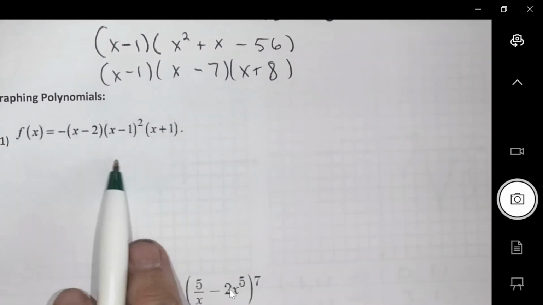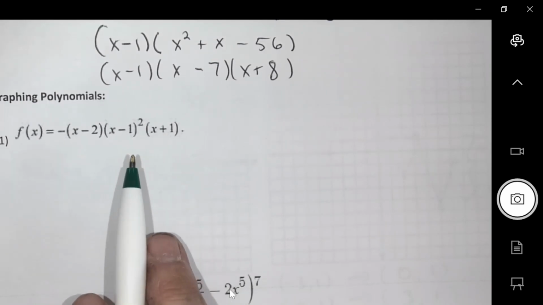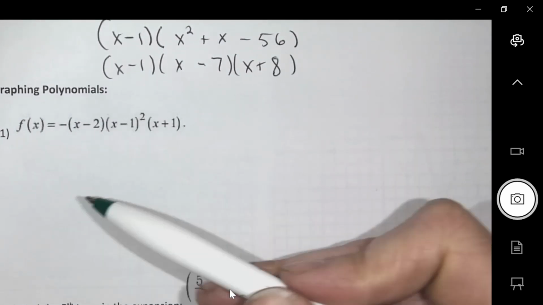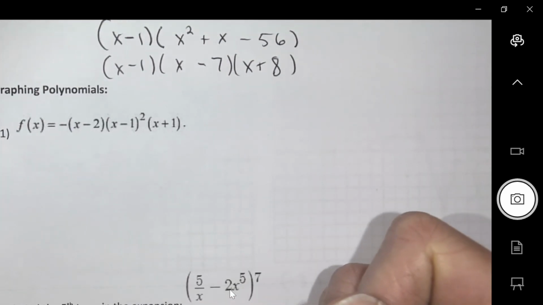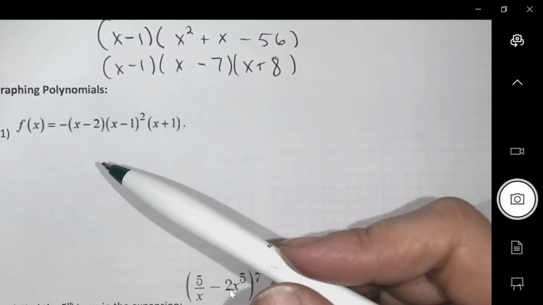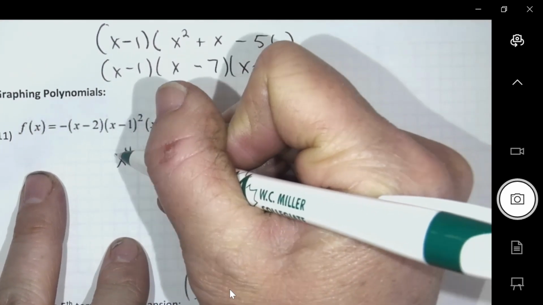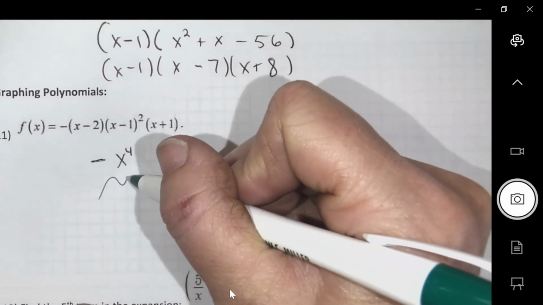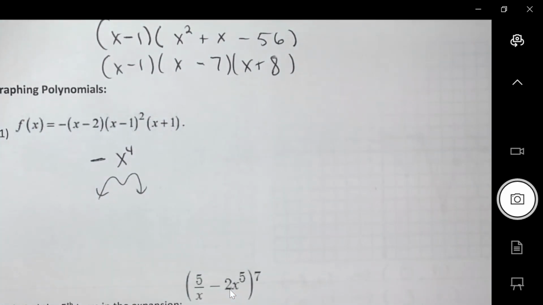Okay, graph. So what do I start with here? How many x's do I have in all? You have an x to the 4th, and it's a negative. How would that look to you in just a general sense? Upside down W, that's kind of what you're looking for.